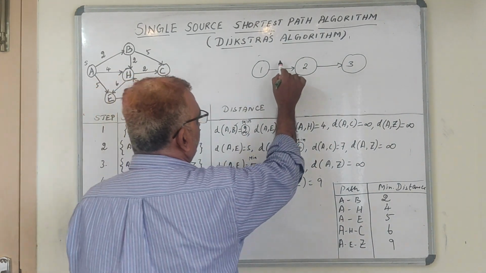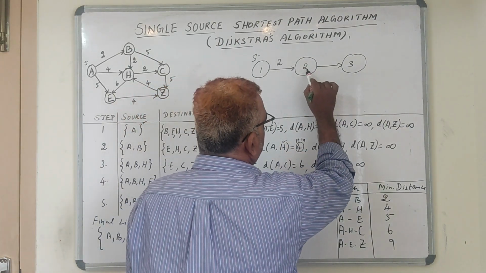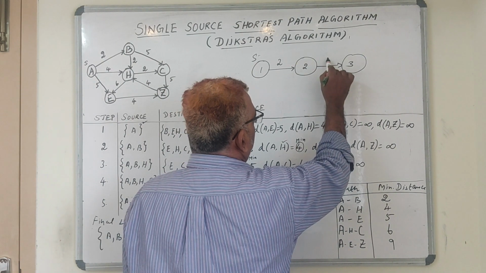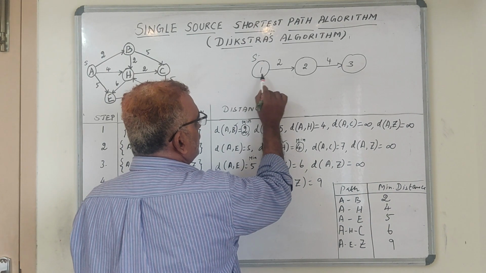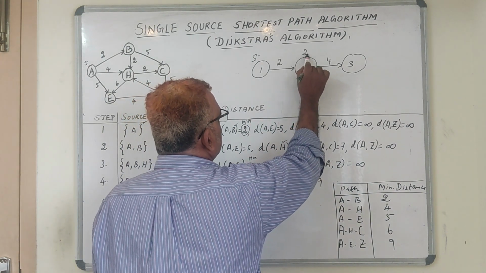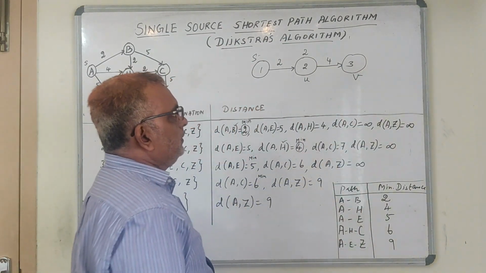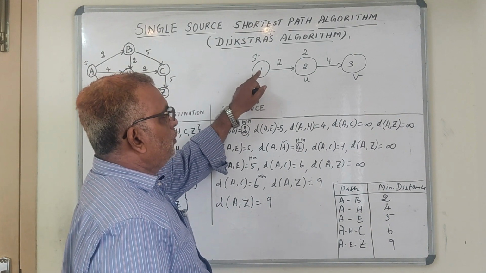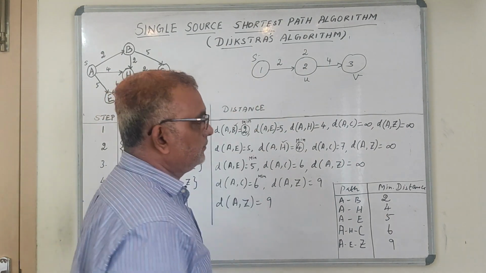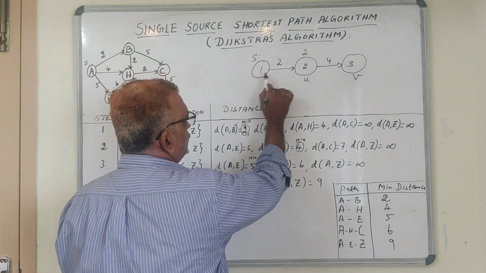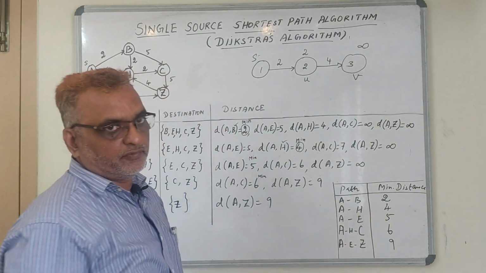The cost of reaching 2 from the source, that is 1, is 2, and similarly the cost of reaching node 3 from 2 is 4. So from the source 1 to 2, the cost is 2. Let us consider these are U and V, but we don't know the cost of reaching 3 from 1. So 1 to 2 we know, but 1 to 3 we don't know, so that is considered as infinity.